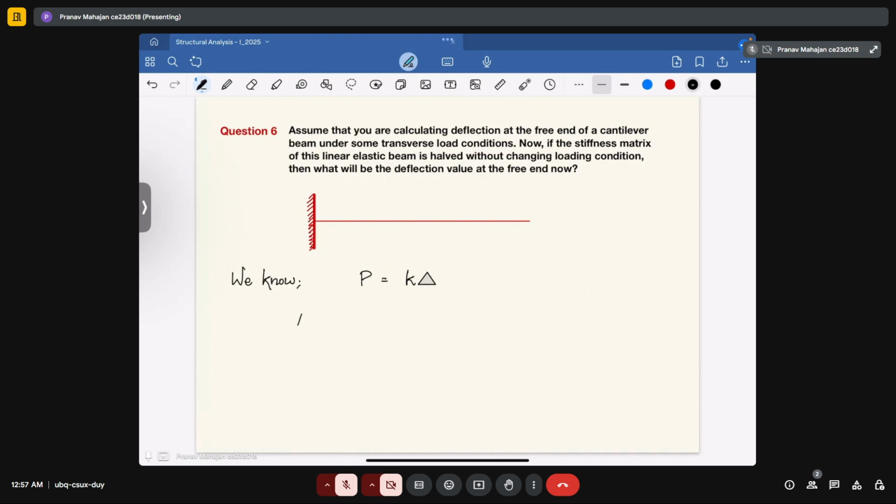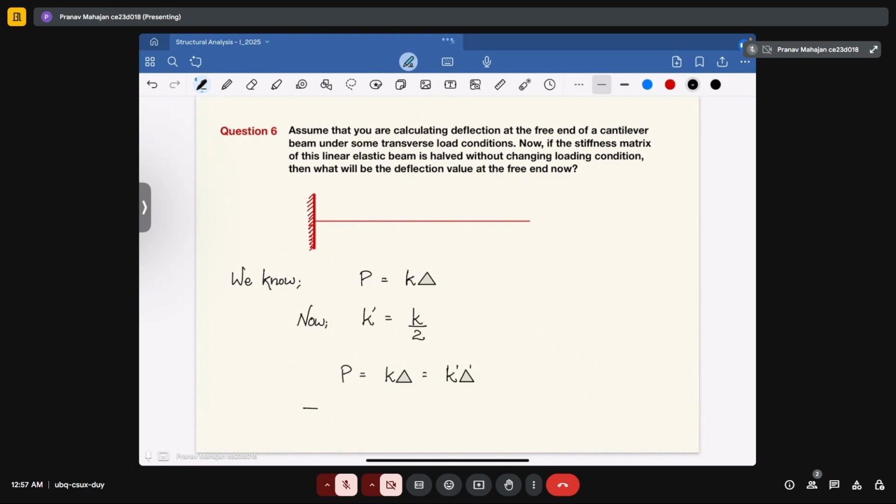Now, when K dash is equal to K by 2, the loading remains the same. That means P equal to K delta should remain equal to K dash delta dash.